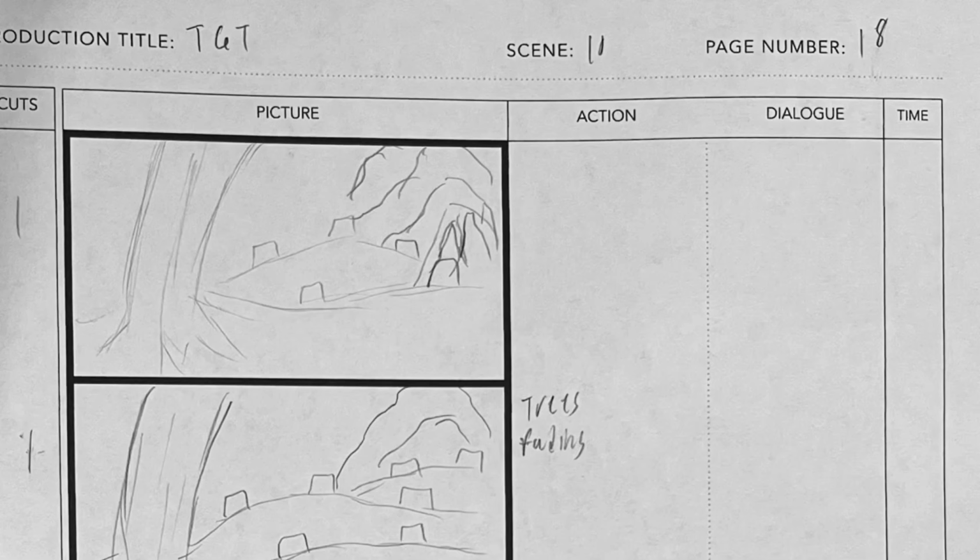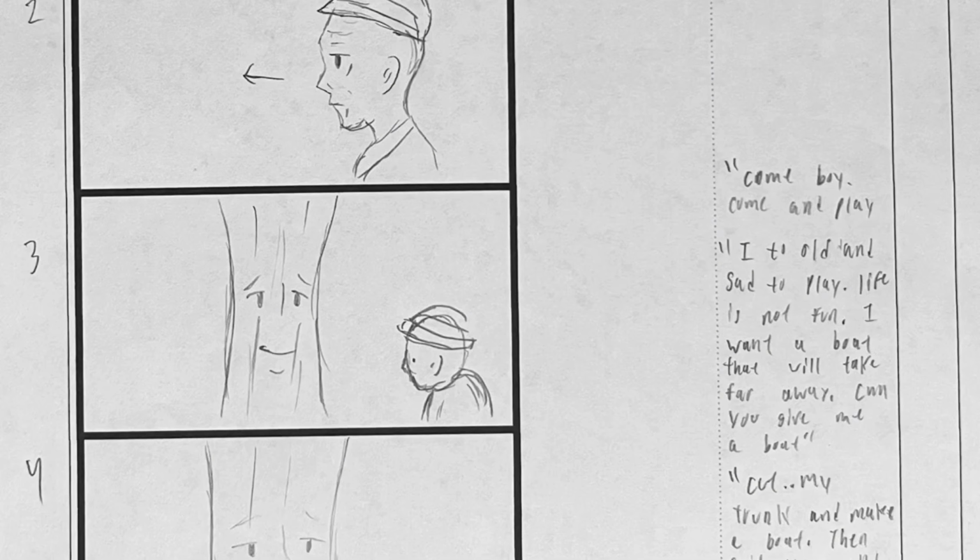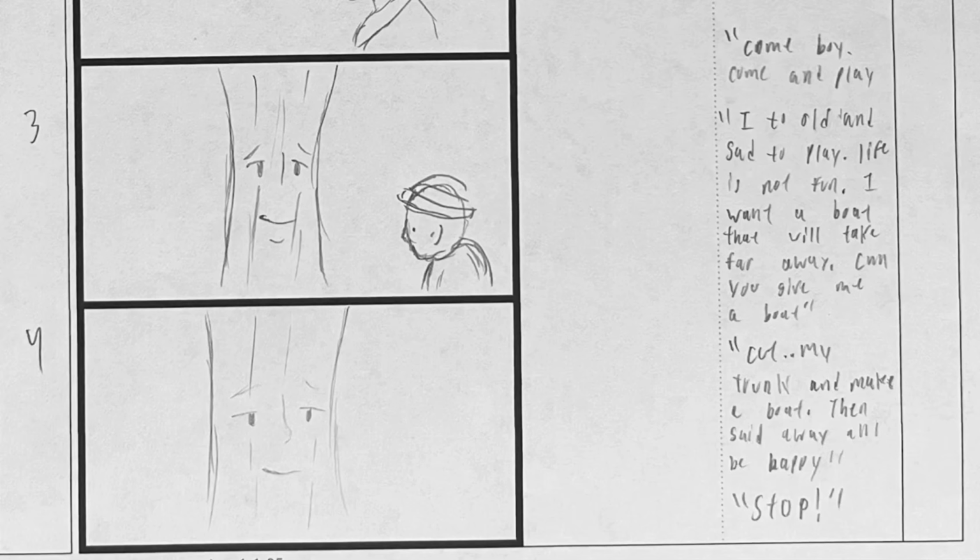Come on, dear. Come, boy. Come and play. I'm too old and sad to play. Life is not fun. I want a boat that will take me far away. Can you give me a boat? Cut my trunk and make a boat, then sail away and be happy.